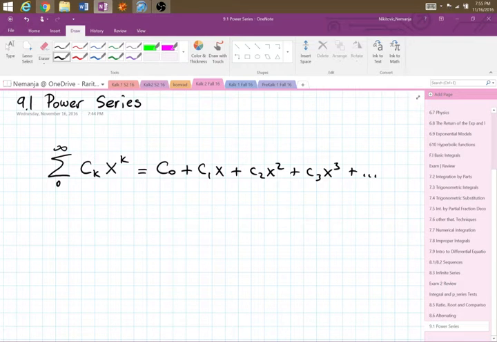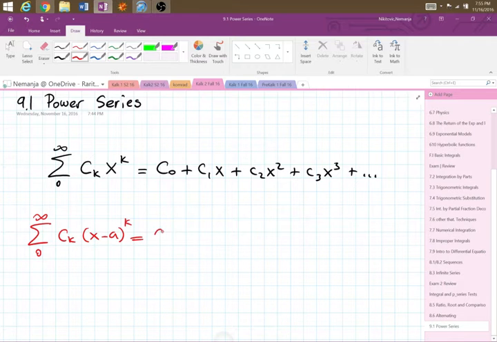Now, we actually want to study a more general case, which centers this power series, we'll see what it means, at any value on the number line. So the actual one we want to study at all times is the sum of c_k times (x minus a) to the k, from 0 to infinity. This is the one that we want to pay attention to.